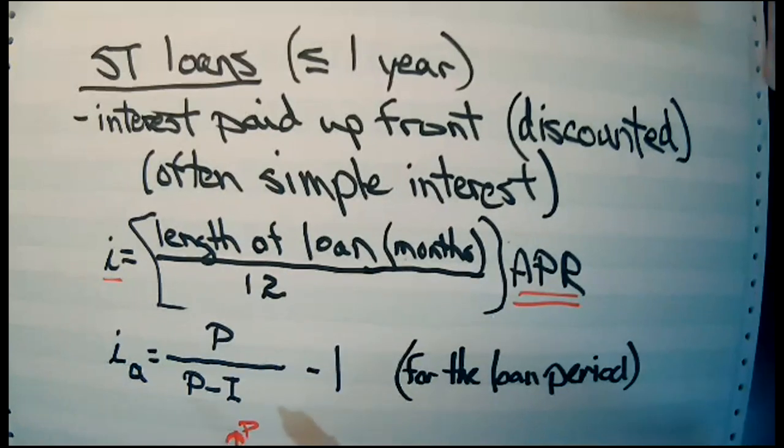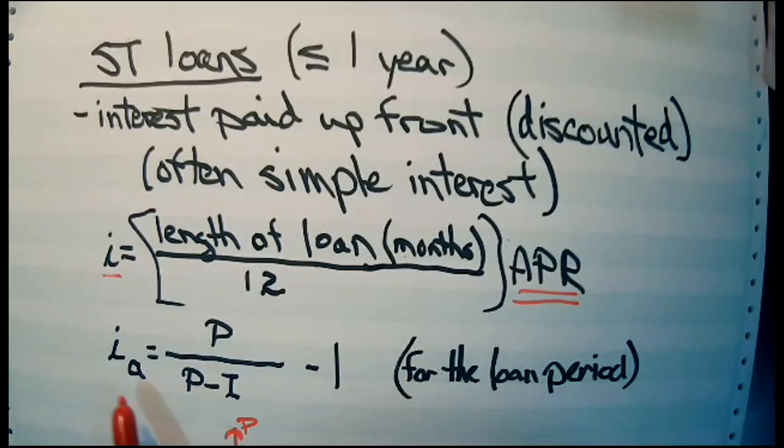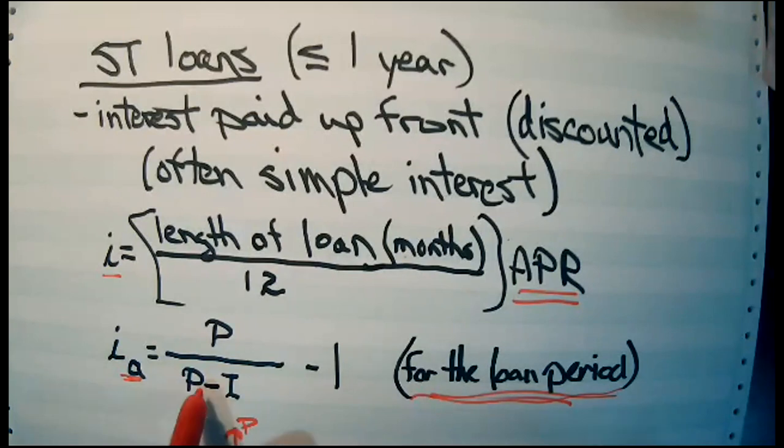And then the effective rate for the loan period. This is not the annual effective rate. This is the effective rate for, for example, the 10 months that you are borrowing the money for. That's P divided by P minus I. So this is what you're paying back divided by what you got up front, really.